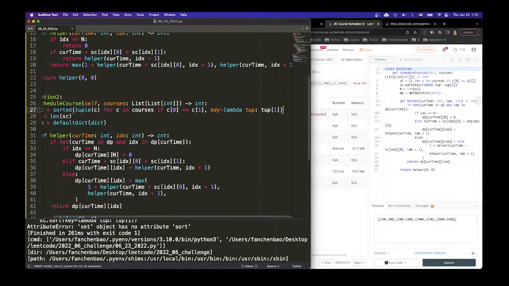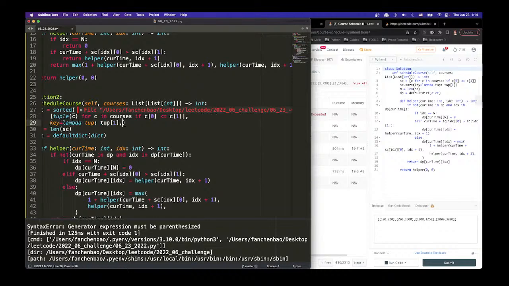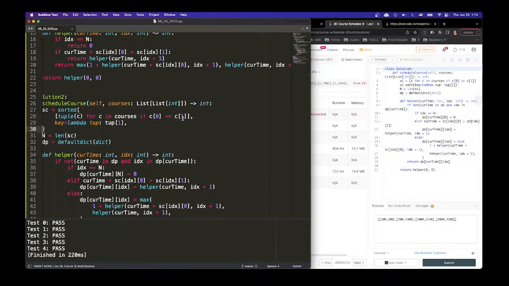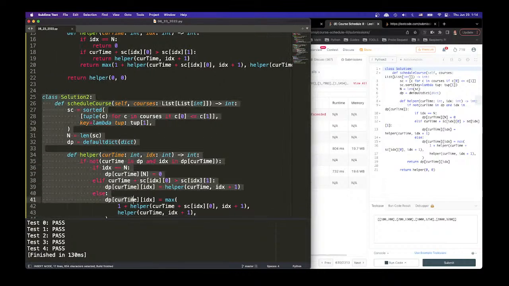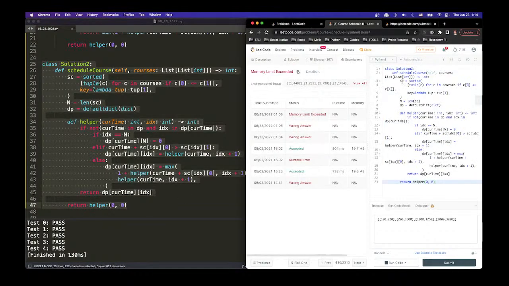How about this? And kind of just get rid of any of the duplicates. We don't like duplicates.